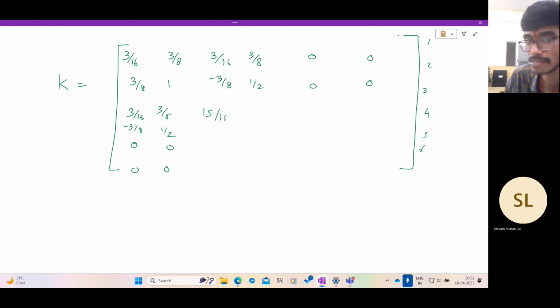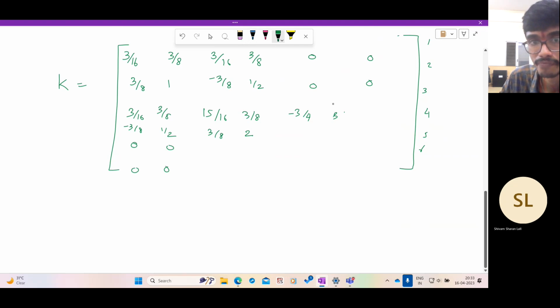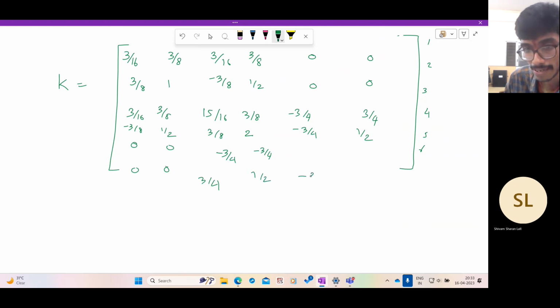And let me fill in the others, 15 by 16, 3 by 8, 3 by 8, 2. Here we have minus 3 by 4, 3 by 4, 3 by 4, minus 3 by 4, half. So again, it is symmetric. So this is minus 3 by 4, minus 3 by 4, 3 by 4, half, minus 3 by 4, and this is 3 by 4, minus 3 by 4, and 1.